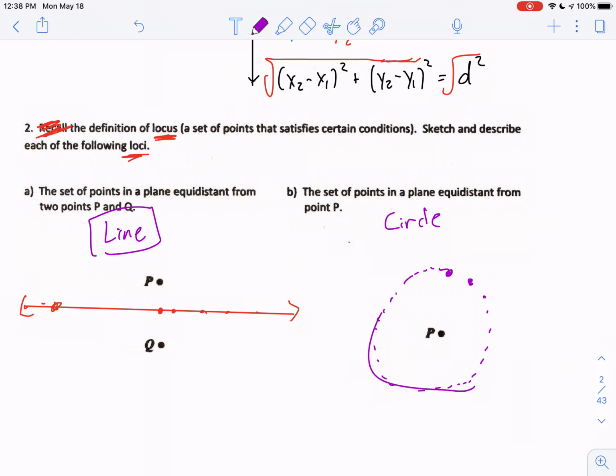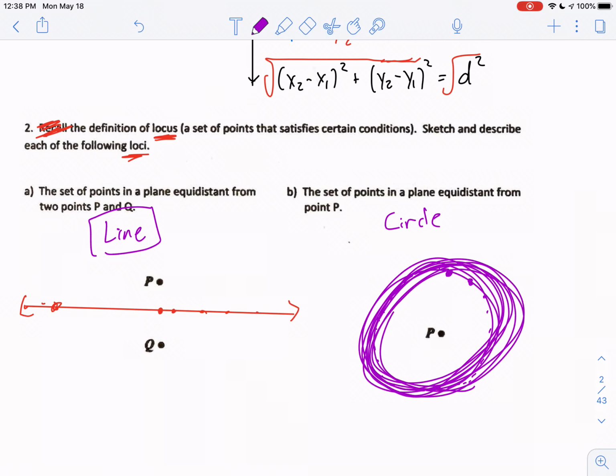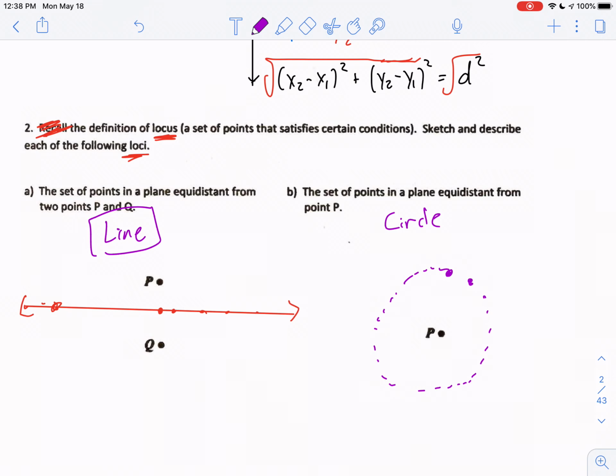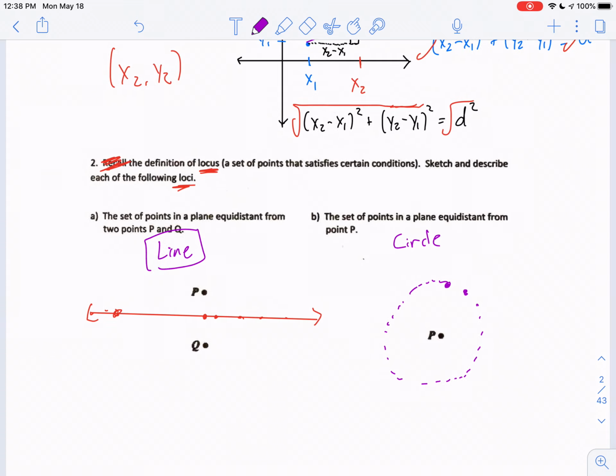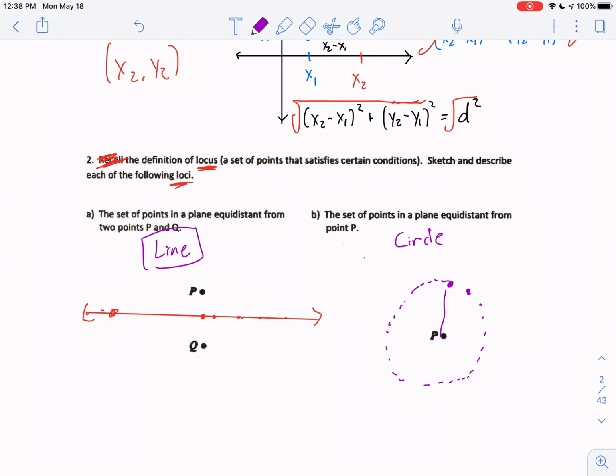Taking all the points in a circle right here would be equidistant to what we call the center, which is P. So let's connect this here. All this is equidistant from that point, and that's your circle.